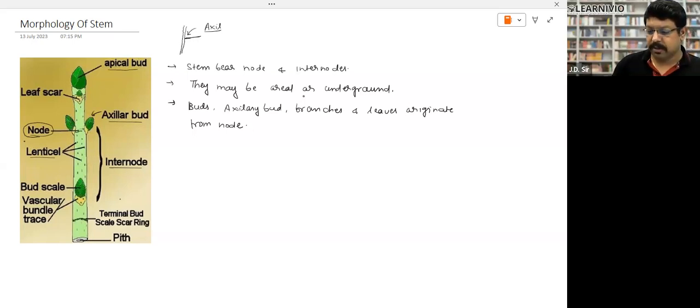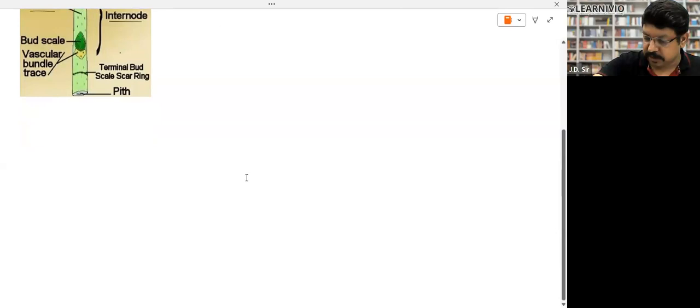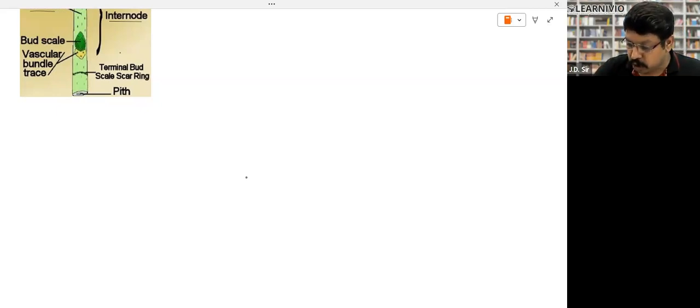So this was something for the stem, and now come to the modification of it. When we study the modification part, first the modifications given in your NCERT. What is given in NCERT? Tendrils given, thorn given, aerial modification is given.